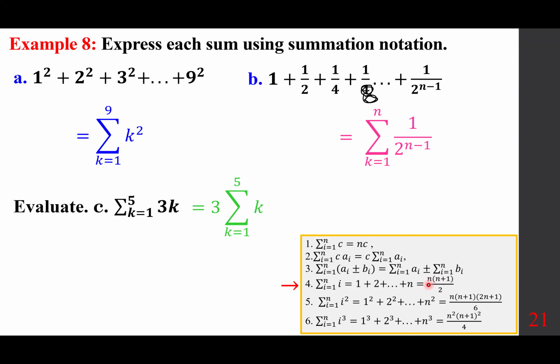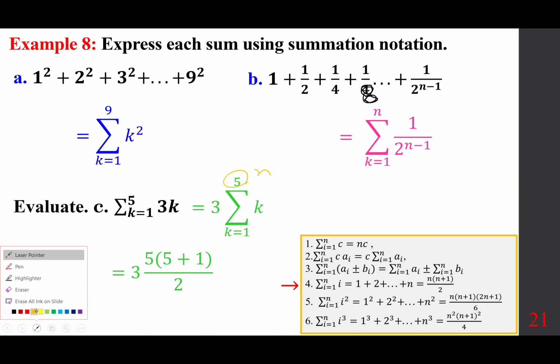n times n plus 1 divided by 2, where n is 5, everybody. So 3 is a multiplier. n is 5. 5 times 5 plus 1 divided by 2. So 3 remains. And then 5 times 5 plus 1 divided by 2. And this is 6.